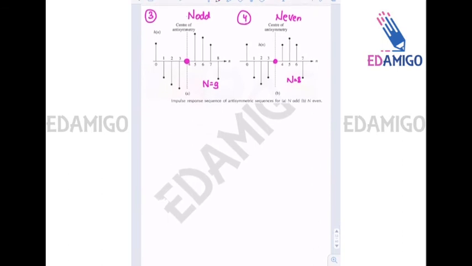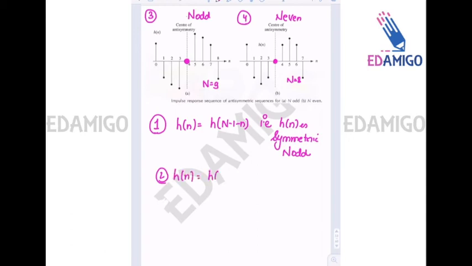linear phase FIR filters. The first case was hn is equal to h of N minus 1 minus n, that is hn is symmetric and N was odd. Second was hn is equal to h of N minus 1 minus n, that is hn is symmetric with N even.